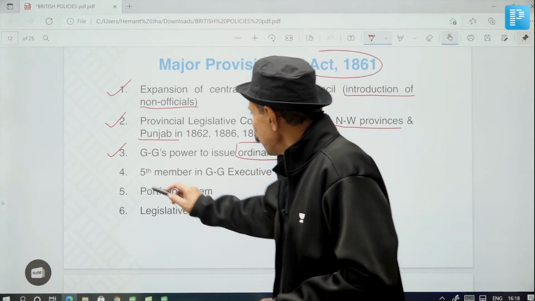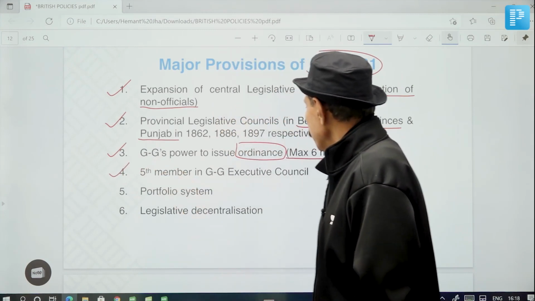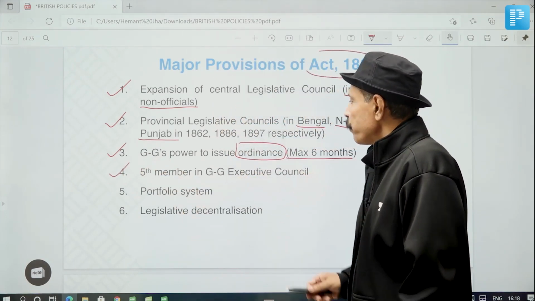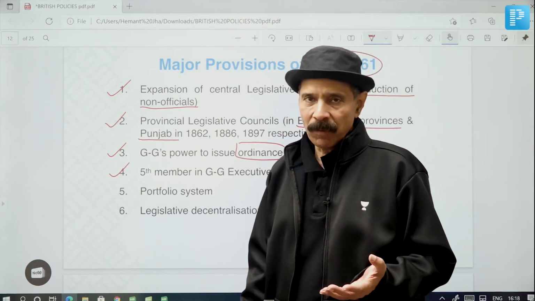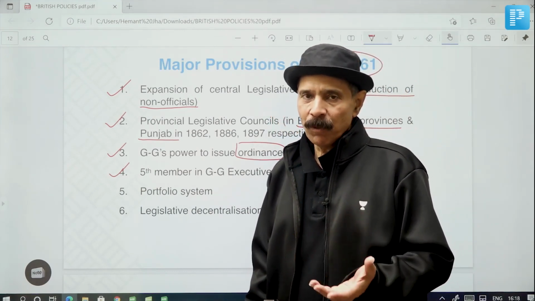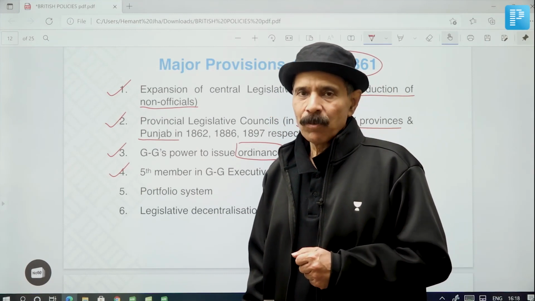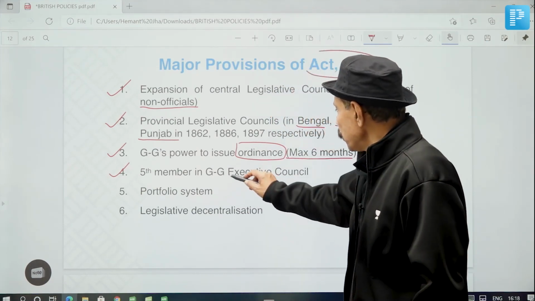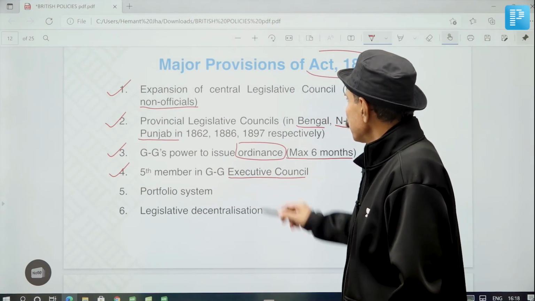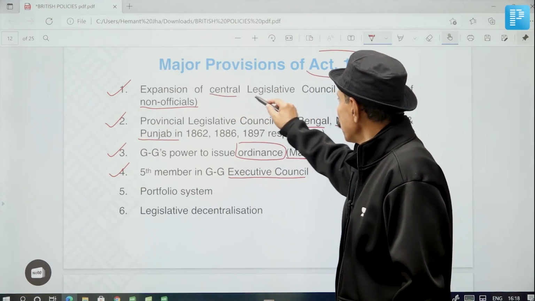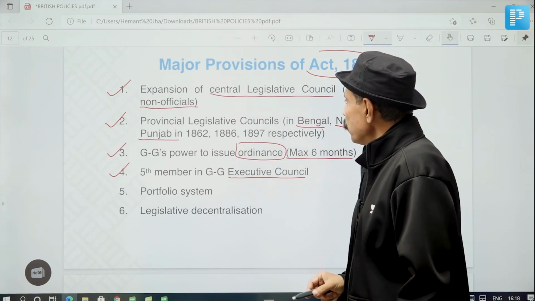Next is fifth member in Governor General's Executive Council. So before this, there were 4 members, you have come to know. Now a fifth member was also added. Now the term Executive Council and the term Central Legislative Council are two different terms.